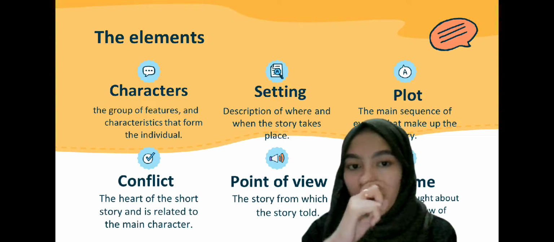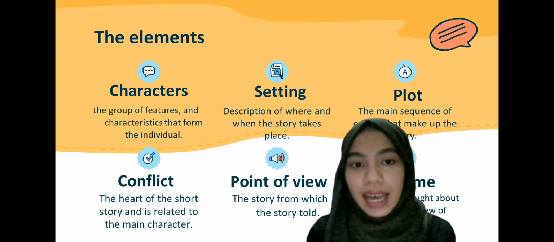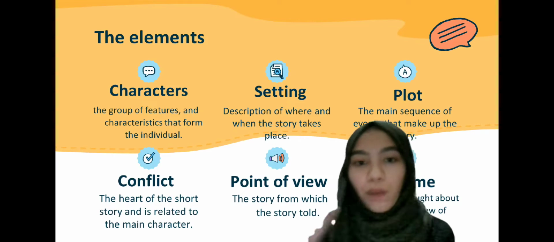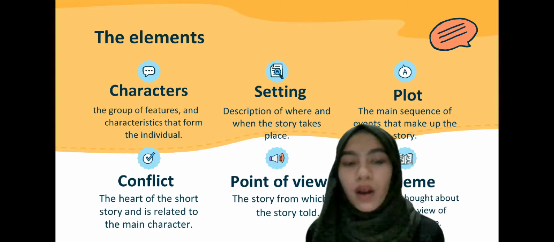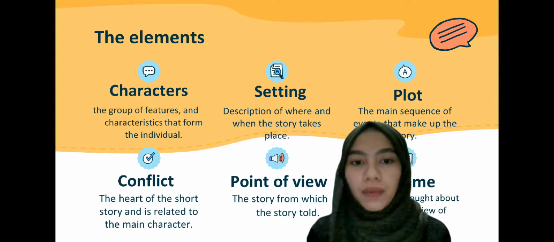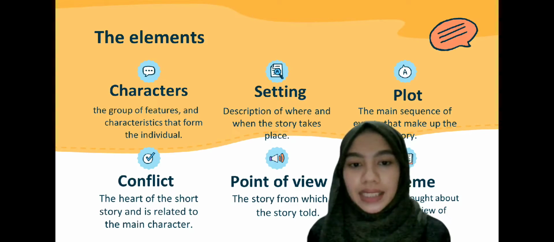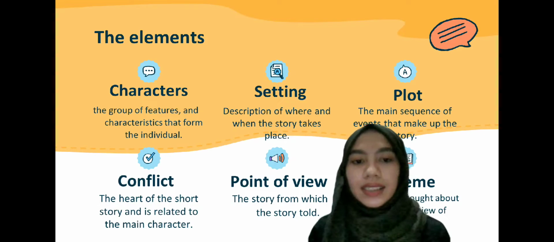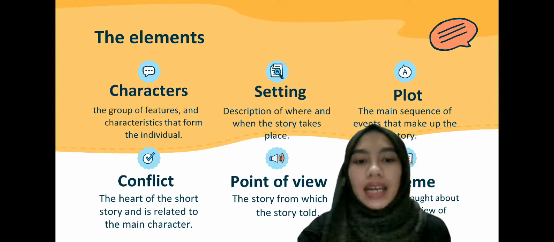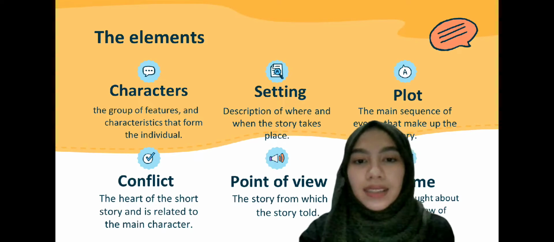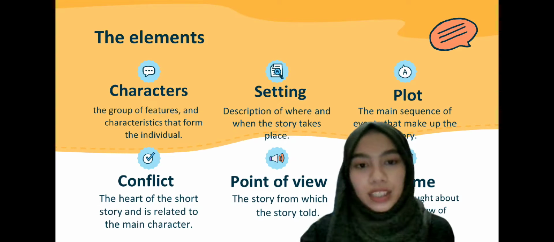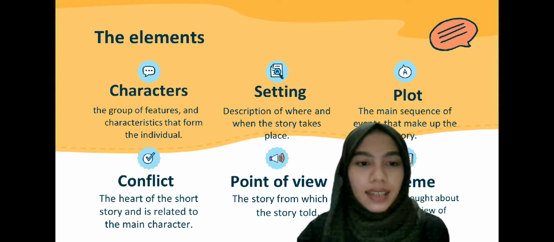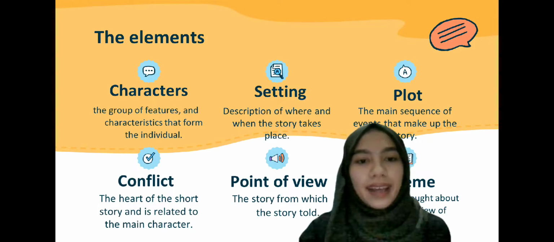The plot is the story, and more specifically, how the story develops, unfolds, and moves in time. Plots are typically made up of five main elements, as I told you earlier, such as orientation, rising action, climax, falling action, and resolution.